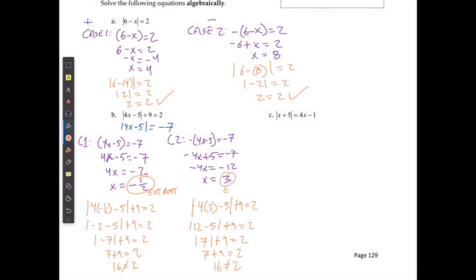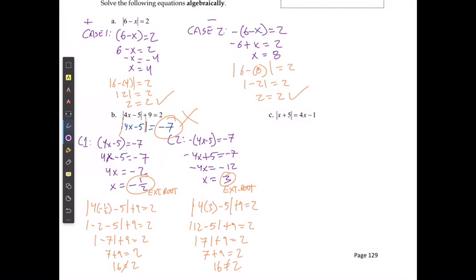There's another extraneous root. In this case, neither of the solutions that we got worked. Why was that the case? Well, we already know that the absolute value of a number is going to be the positive version. So if the absolute value of 4x minus 5 is equal to negative 7, that's never going to happen. So this one actually has no solution that is going to work.